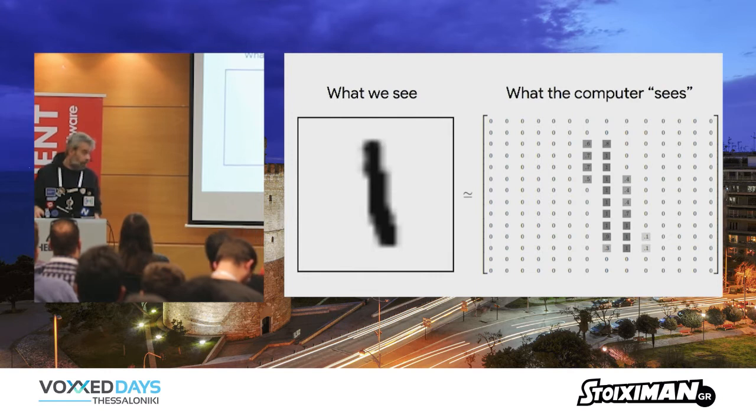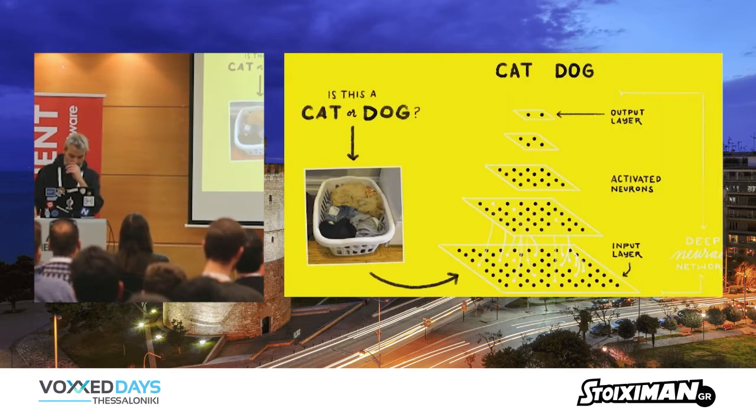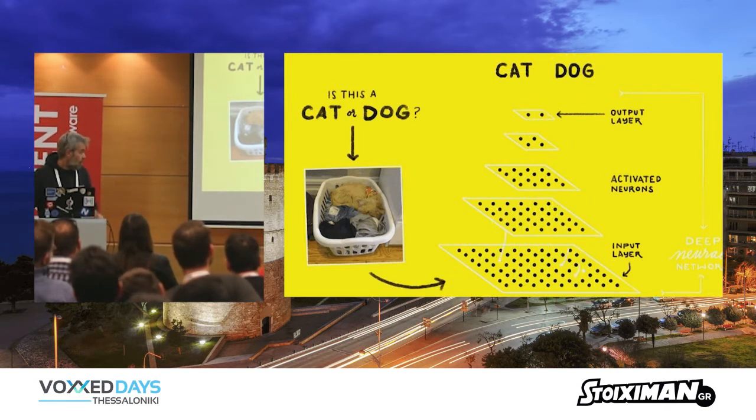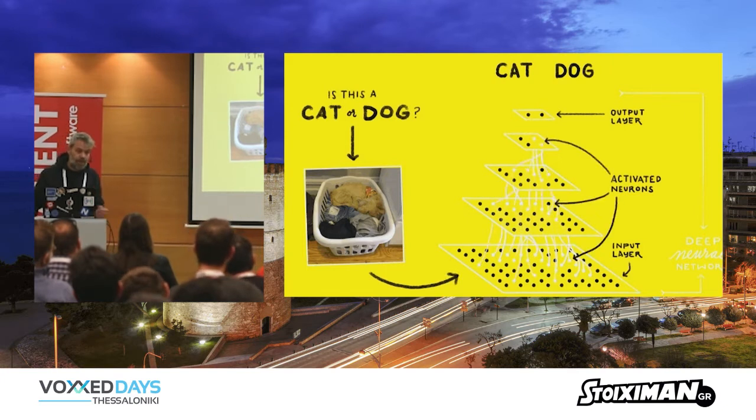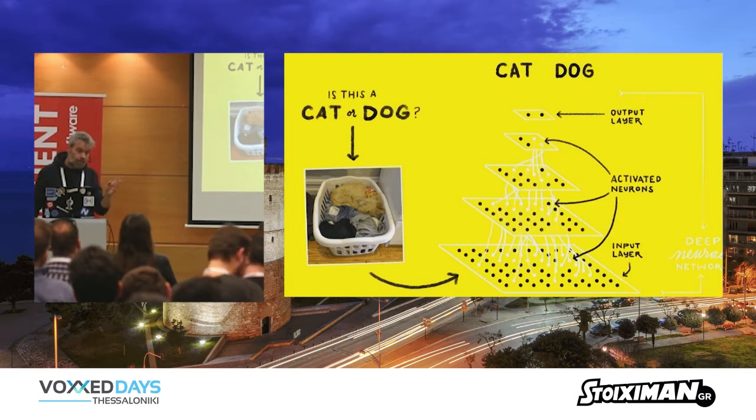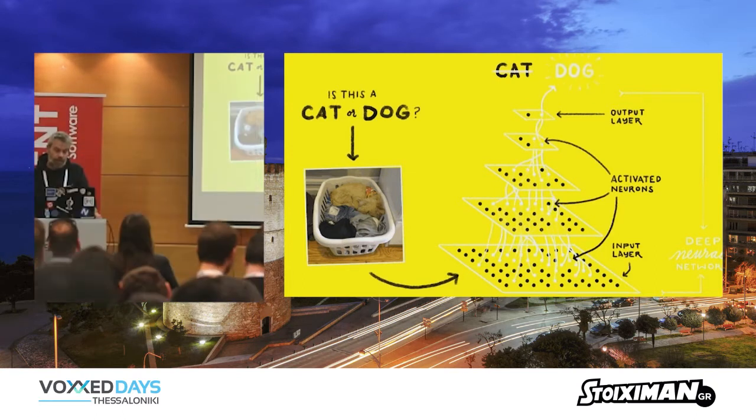But let us go a little bit deeper into how the artificial neuron works. As we said, to recognize images, we use a deep neural network, which means that you got raw pixels coming as input, you got artificial layers, and then you got neurons.